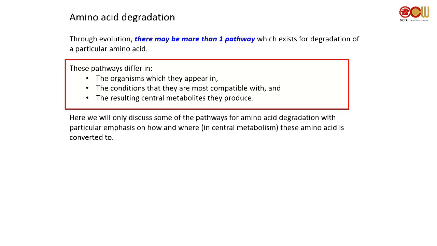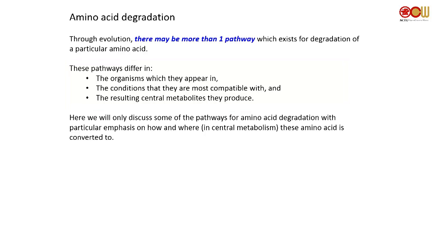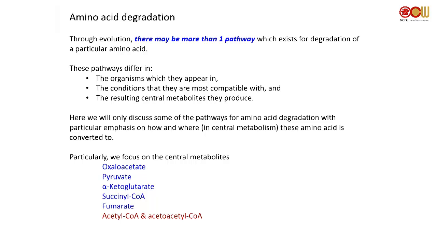of stuff, okay? So here we will only discuss some of the pathways for amino acid degradation with particular emphasis on how and where in central metabolism these amino acids are converted to. Particularly, we'll focus on the central metabolites, OAA, oxaloacetate, pyruvate, alpha-ketoglutarate, succinyl-CoA, fumarate, okay, and acetyl-CoA, okay? Now, these guys, the ones in blue, we call glucogenic.